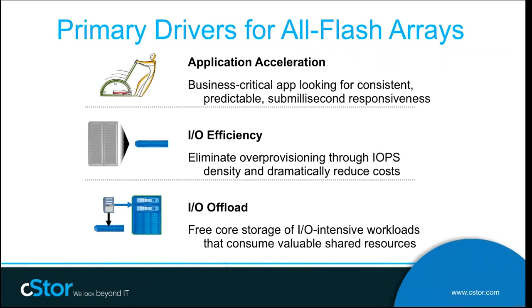Some of the primary drivers for all flash, now this is all flash, not the hybrid, application acceleration. So the business critical apps that are really impacted by latency really drive for all flash arrays. I/O efficiency, and this is something that's been around for a long time in the storage industry, where if you have a really high I/O requirement, you have to put a lot of spinning disk drives to get you enough I/O for the overall application to perform.